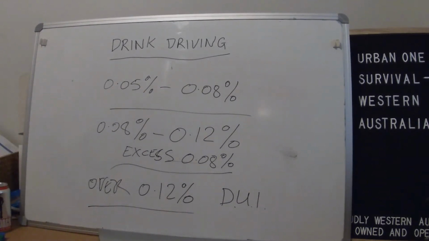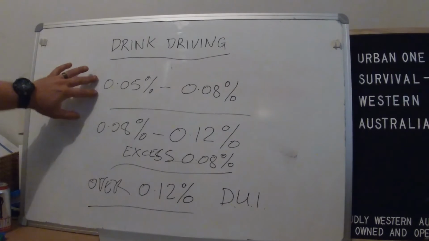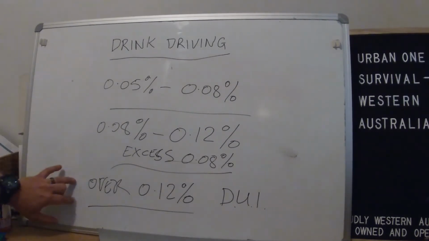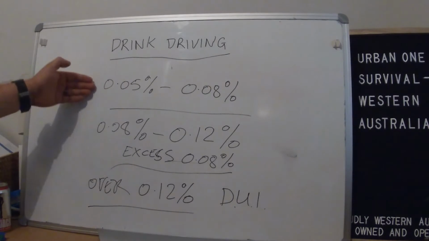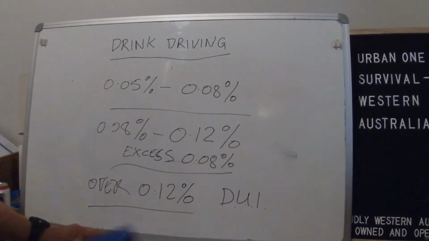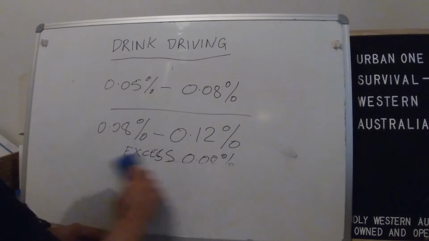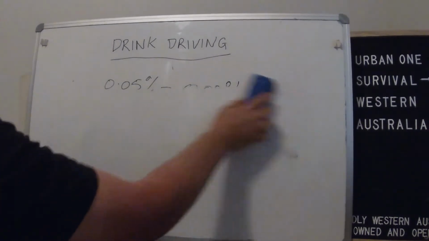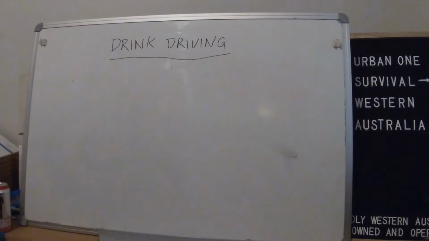In WA, it's drink driving, excess 0.08 drink driving, and then your DUI. The penalties, as you get higher, are obviously worse. I'm not going to discuss what the penalties are at this stage, because they are constantly changing. So, there is your drink driving. Safest thing to do, if you're going to go out and have a drink, don't drive. Take an Uber, take a cab, whatever.